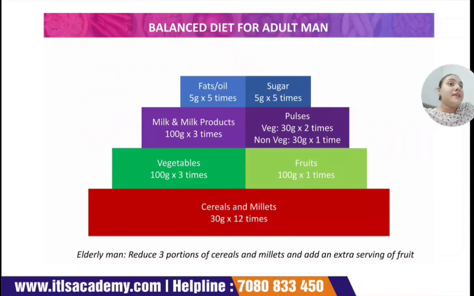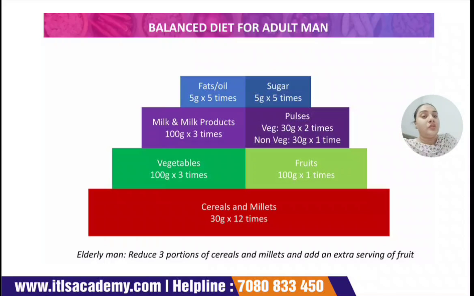Okay, so the balanced diet for an adult human. An adult human should consume about 5 grams of fat and oil, 5 grams of sugar, and milk about 100 grams three times a day.